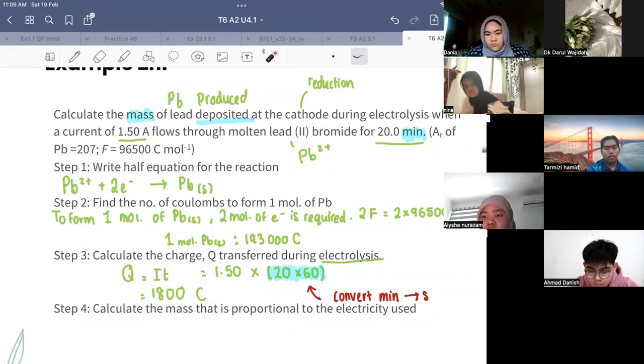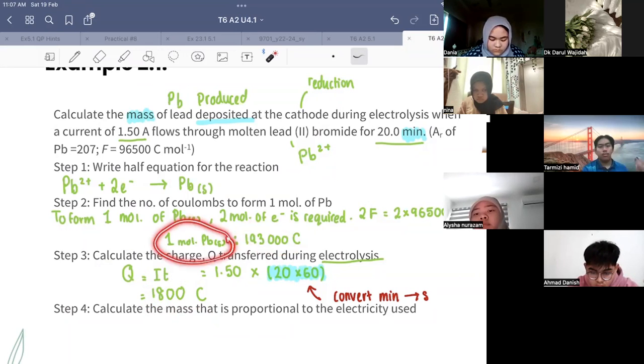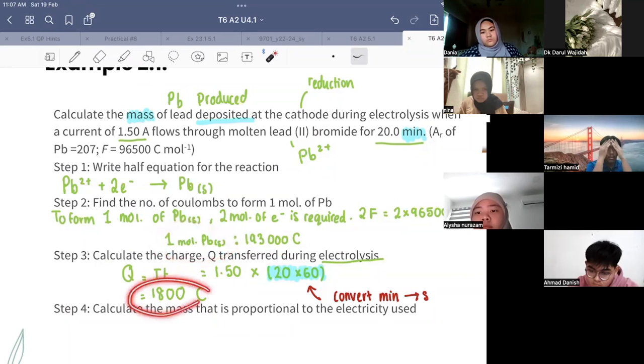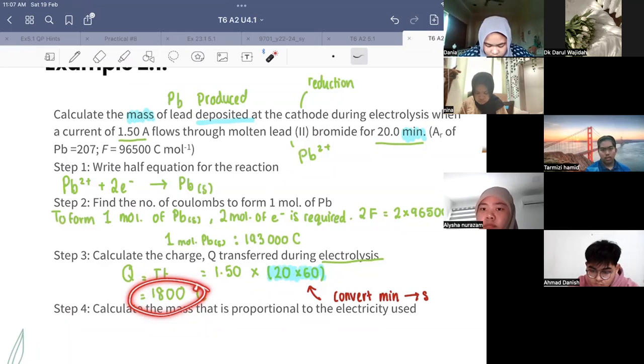How do you think I can find that? If I only use 1,800 coulombs, how many moles of lead would I produce? Remember that the charge you use in your electrolysis setup is proportional to the mass of the product or the volume of gas that you produce.